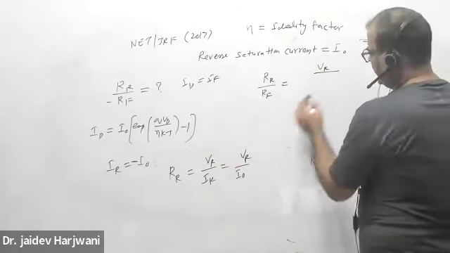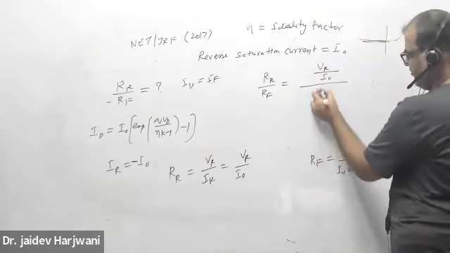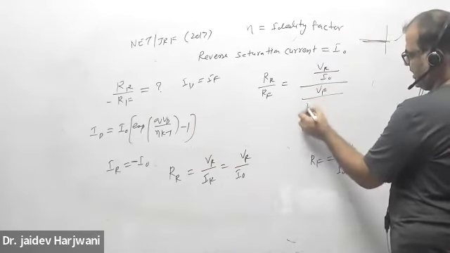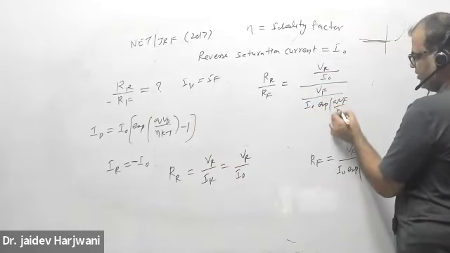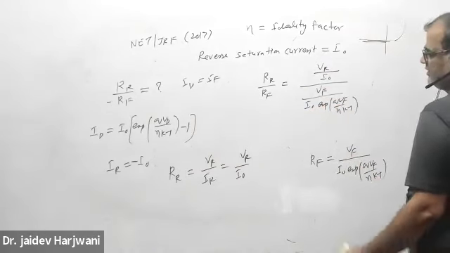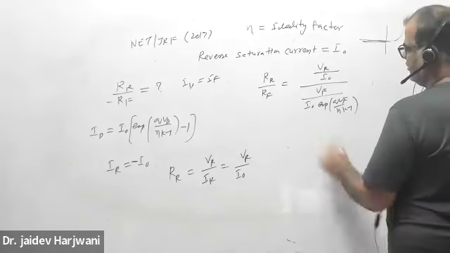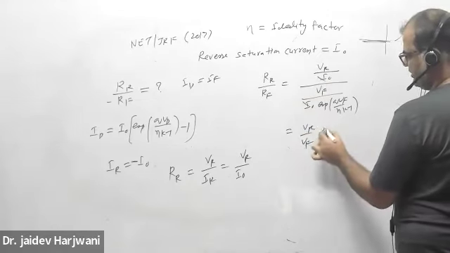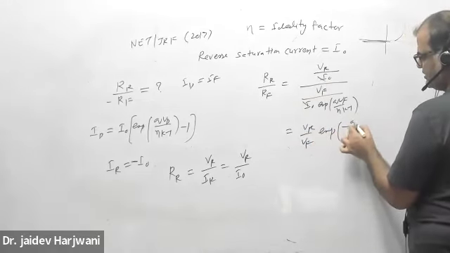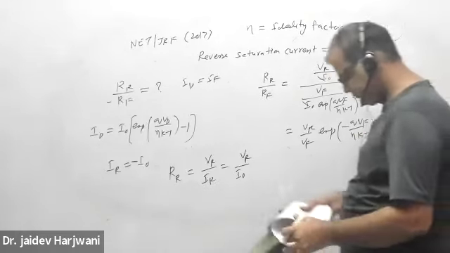So now VR upon I naught divided by VF divided by I naught exponential QVF upon eta KT. So now this I naught will cancel, and you will get VR upon VF exponential minus QVF upon eta KT.